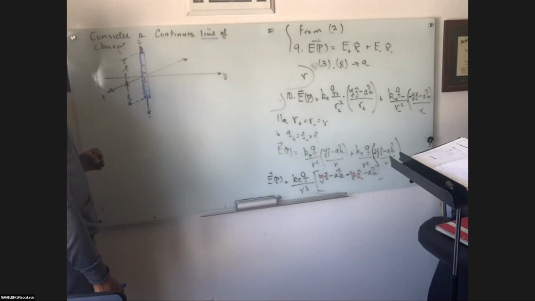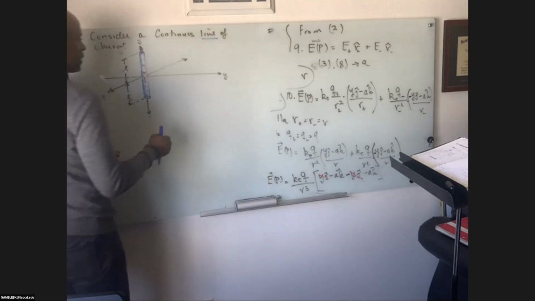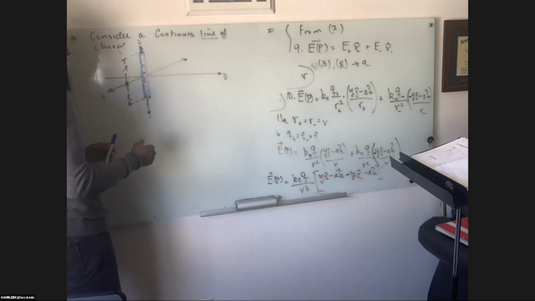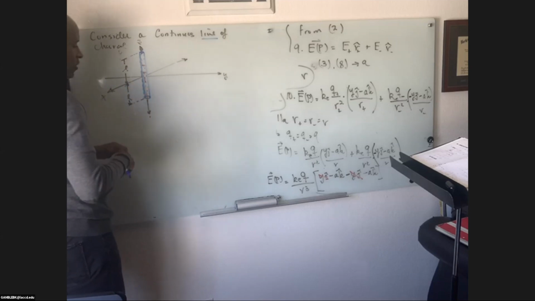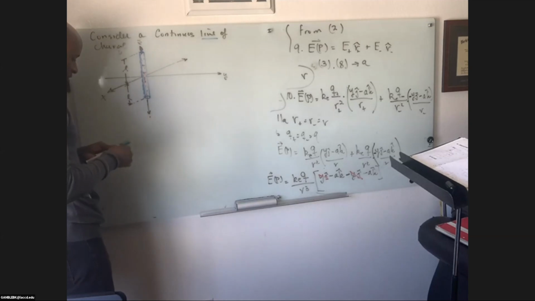So consider a continuous line of charge. We want to find the field at a point P, a distance away from the bisector of this continuous charge distribution, but we say that it has linear charge density, and we use the symbol lambda to determine linear charge density.